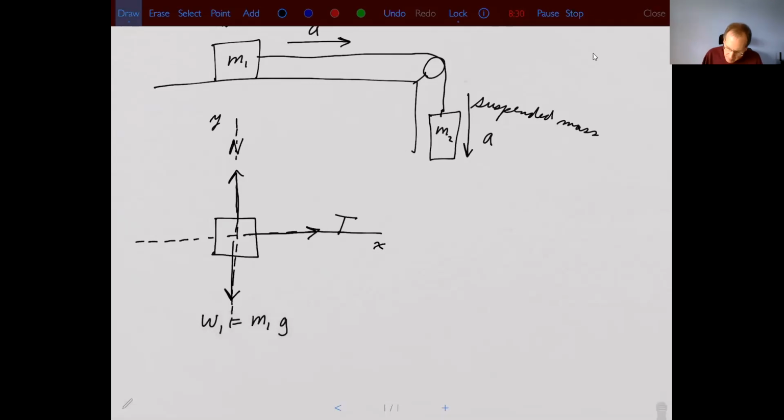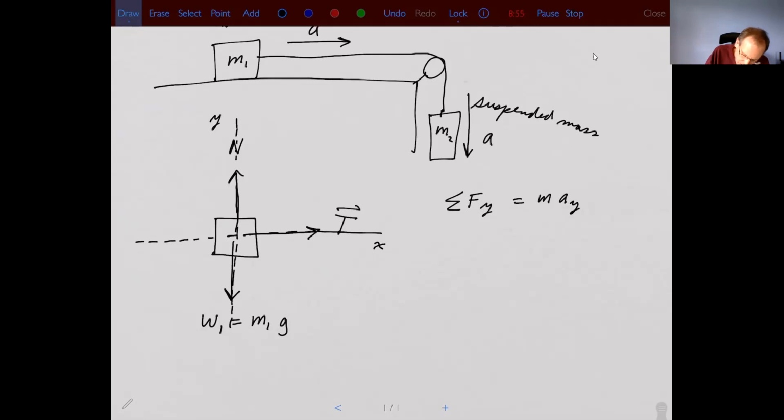So for the y direction, I have the sum of the forces in the y direction must equal m a_y. That's Newton's second law just for the y direction. So what I want is basically the y component of each of those forces. And these are really all vectors. I should draw these as vectors.